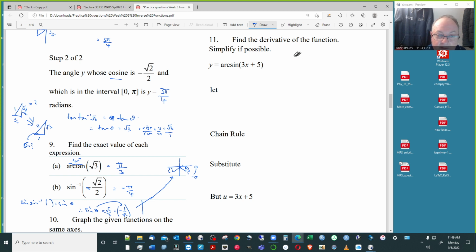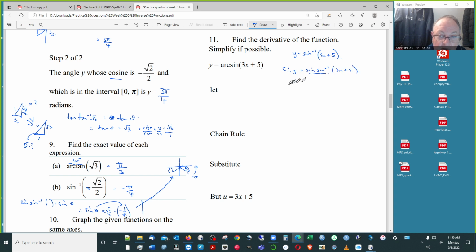So y equals sine to the minus 1 of x. Now how have we done this in the past? I don't like the answer you're going to get.